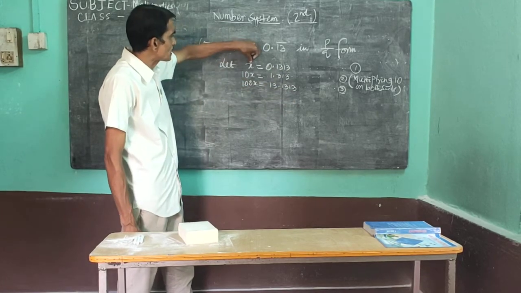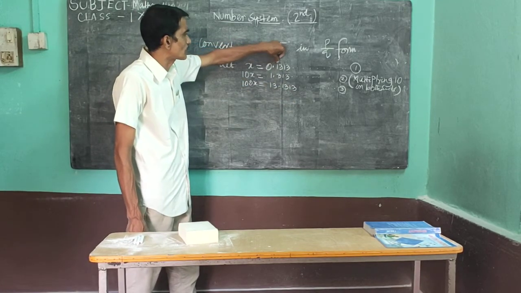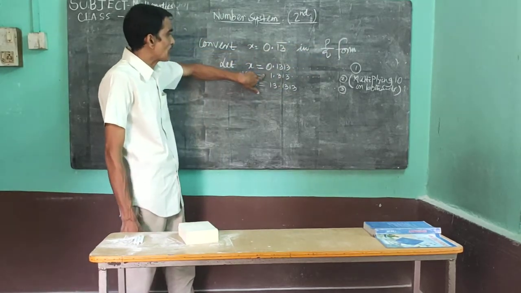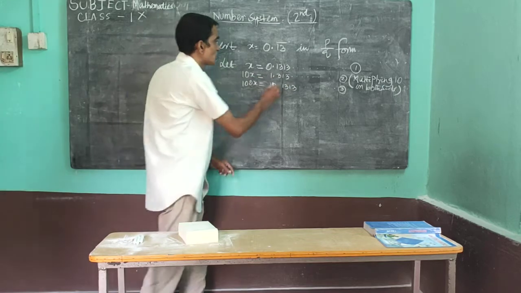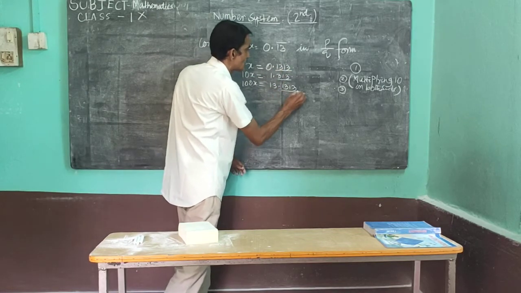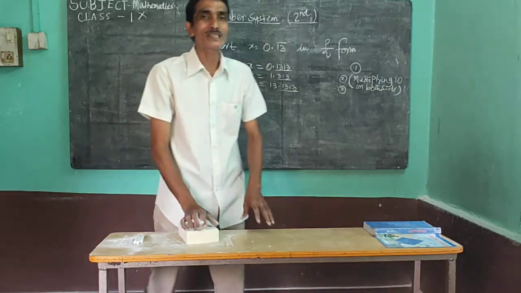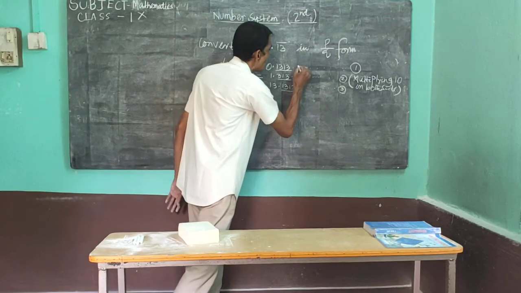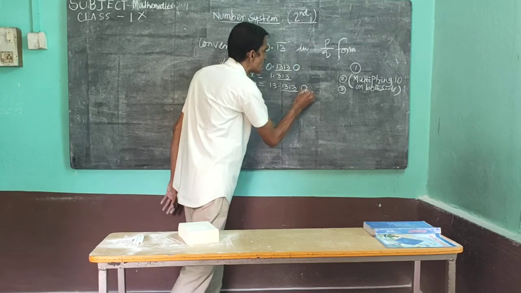For example, x equals 0.1313..., multiplying by 10 I got 1.313... Then look at the decimal parts of equation 1 and equation 3.